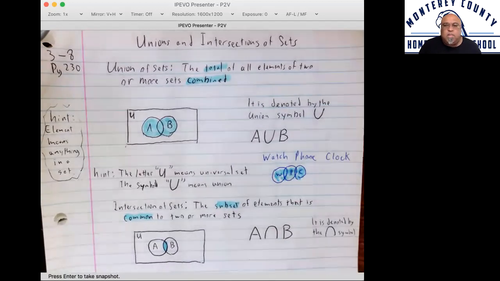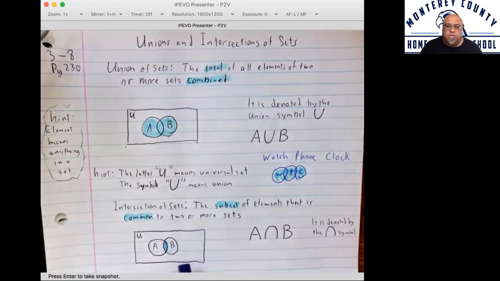Okay, but one of the things I wanted to mention would be our next vocabulary word, and that is intersection. First, we did unions of sets. Now we're doing intersection of sets. The intersection of sets is the subset of elements that is common to two or more sets.